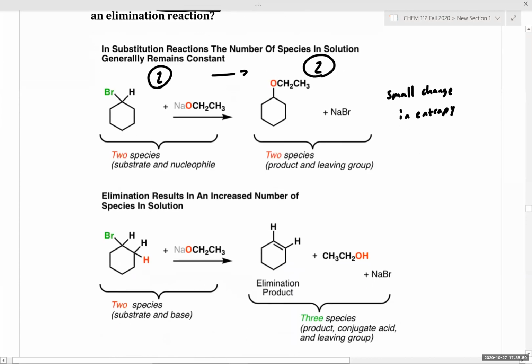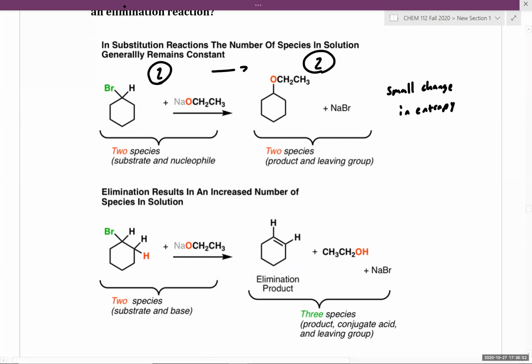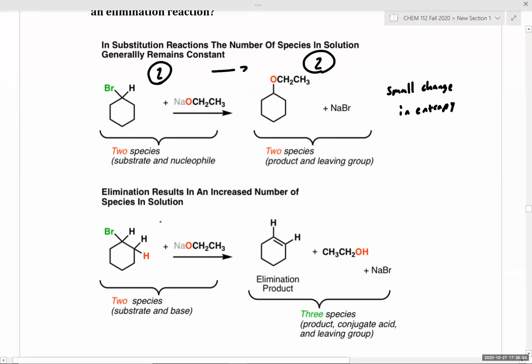If we compare this to an elimination reaction, we start with two reactant molecules and we end with three product molecules. And as we discussed previously, generation of a large number of product molecules, is that favored or disfavored via entropy? It's favored via entropy.